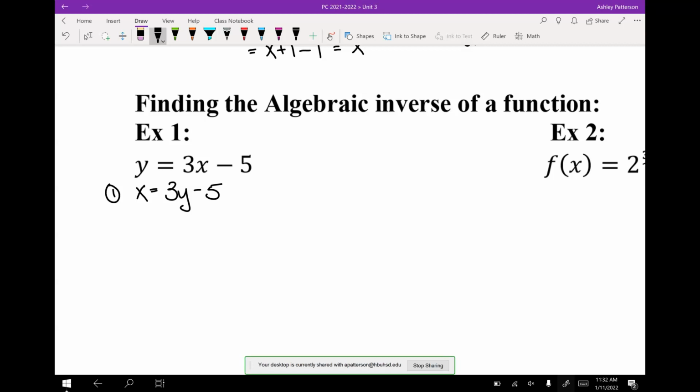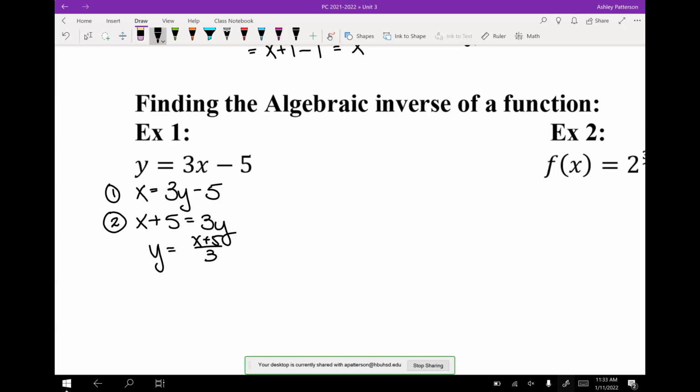So the second thing that we need to do is solve for y. Okay, first switch your x and y's, and then isolate the y value. So adding 5 to both sides, we get x plus 5 is equal to 3y. Divide by 3, so we get y is equal to x plus 5 over 3.